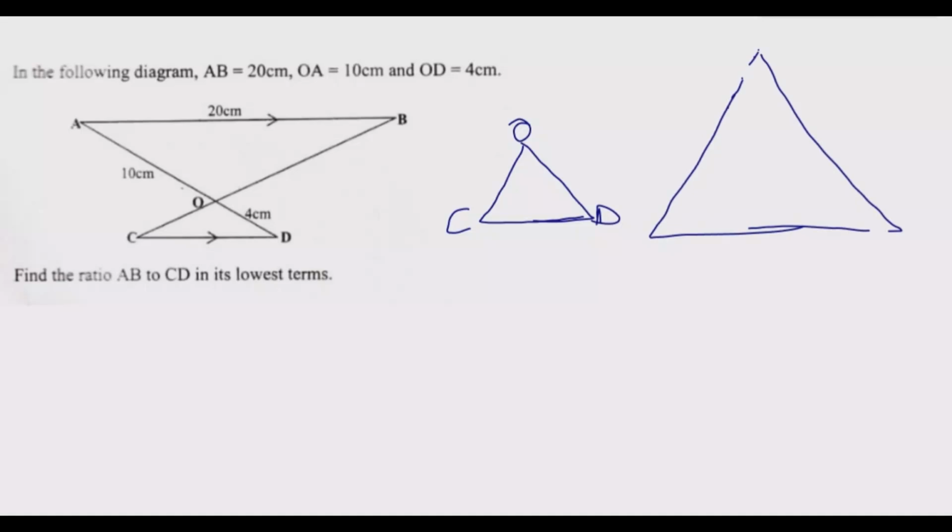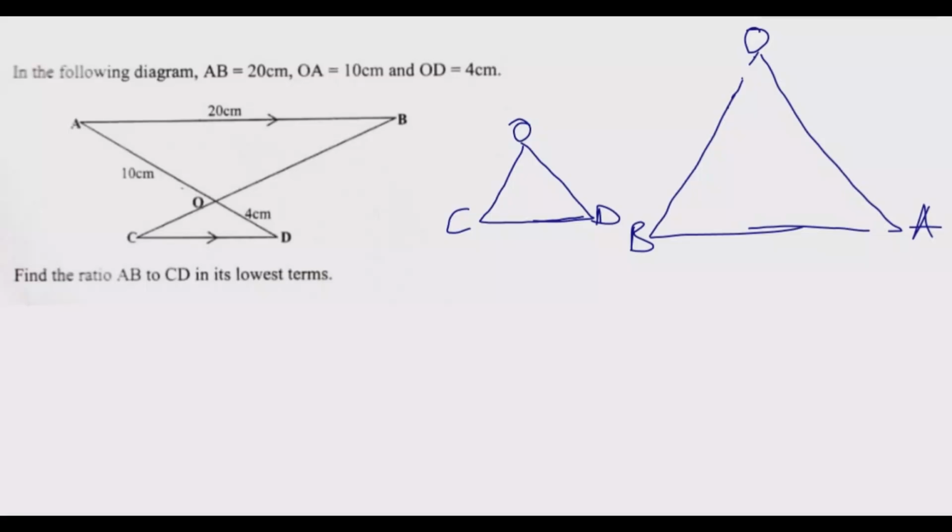The line that has made the line CO is the same line that has made OB. So this one is going to be B as well, because B and C are corresponding corners. Then O will just be O there. Then the line that is making DO and the AO is the same. That means this corner will be A.